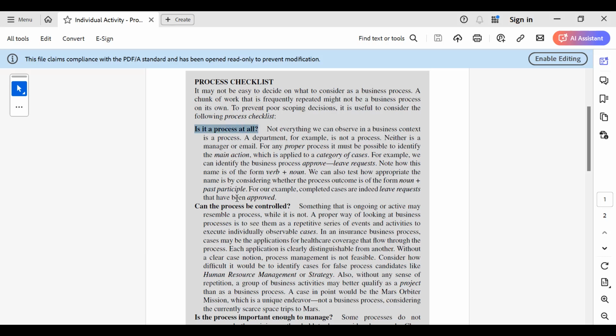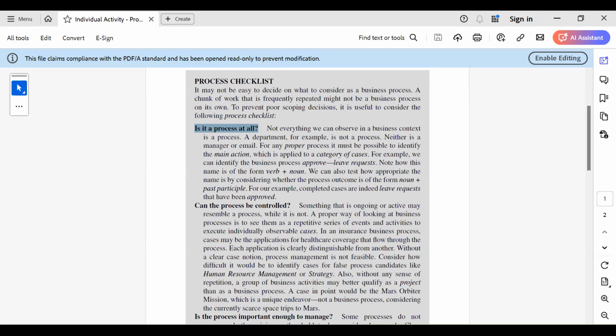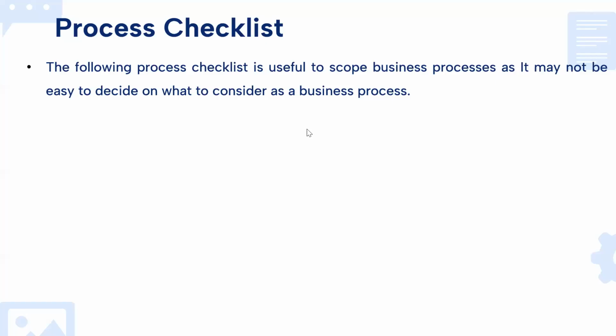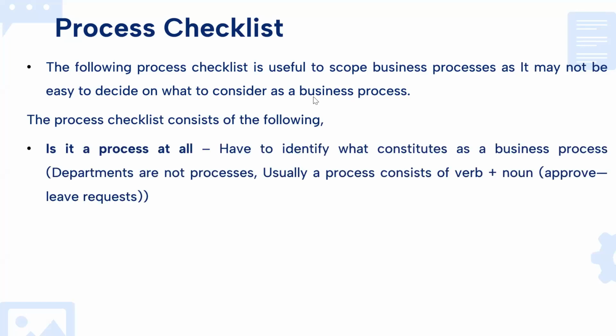What does that mean? No answer for that one. Okay. So what about Imesha? Imesha, what does is it a process at all mean?